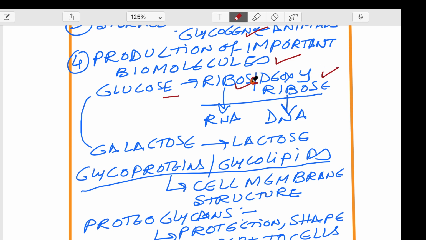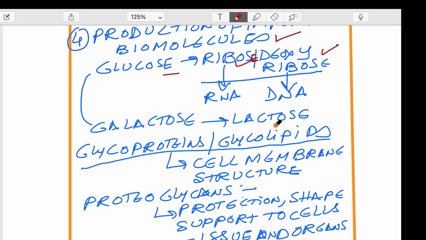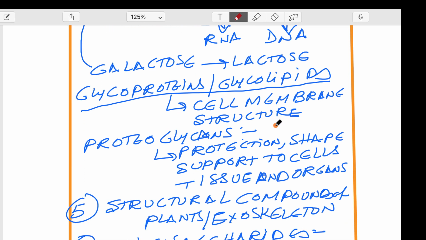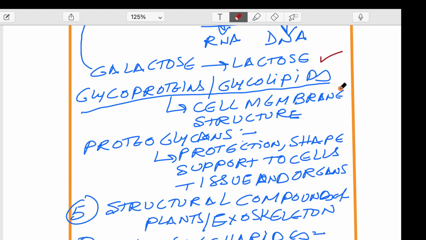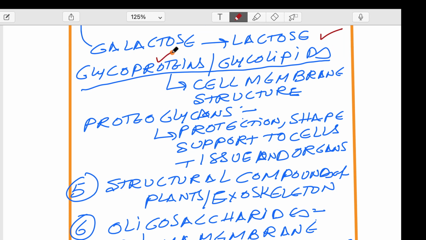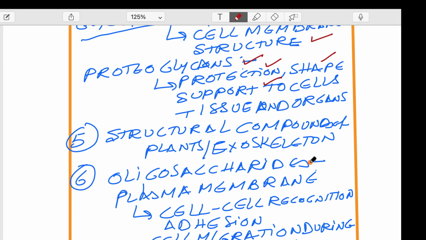Ribose is part of the RNA. Deoxyribose is part of the DNA. Galactose and glucose combine to form lactose, which is milk sugar. Glycoproteins, glycolipids, cell membrane structure, proteoglycans, protection, shape, and support to cells, tissues and organs. Then structural compounds of plants and exoskeleton.